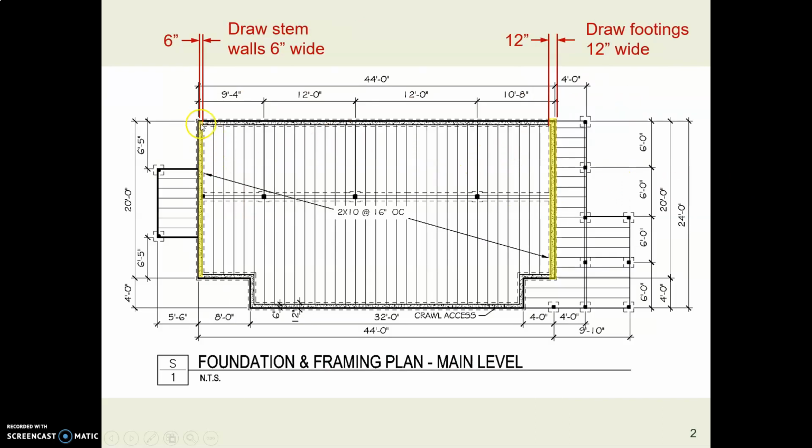When you draw the foundation, make the stem walls 6 inches wide, and remember that'll be a solid continuous line. And then make the footings 12 inches wide, and remember that'll be a dashed line, and those layers are set up for you in your CAD title block. And the city drawing here gives you dimensions so you know how big to make your footing.